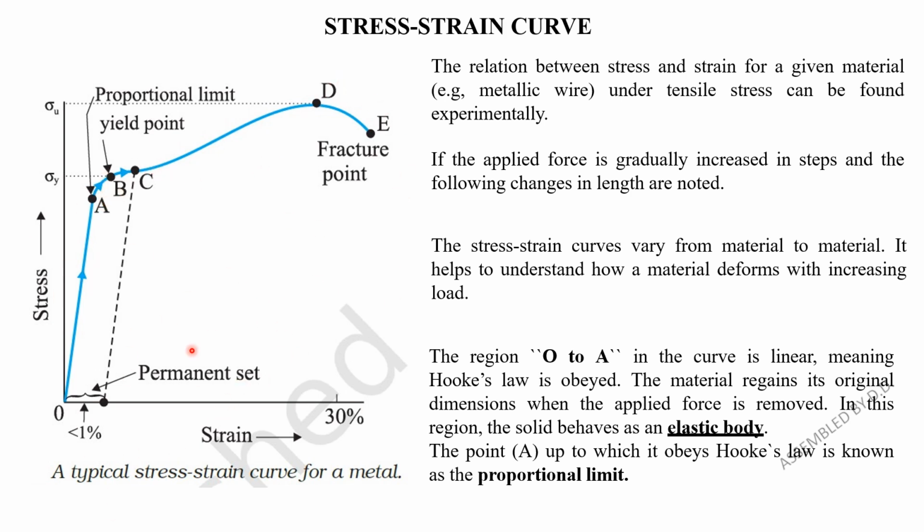So this is the typical stress strain plot or curve for any given material or metal. The relation between the stress and strain for a given material, it may be a metallic wire, under tensile stress can be found experimentally if the applied forces are gradually increased in steps and the corresponding changes in length are noted.